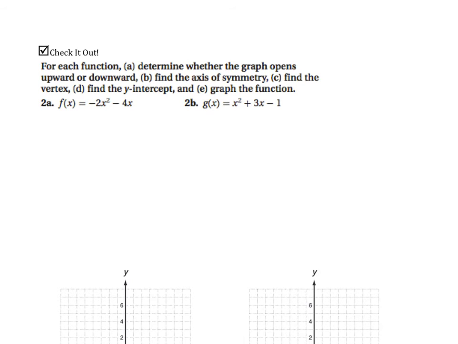So first thing you're going to do, determine whether the graph opens upward or downward. So that's your a value. a is negative, so it's downward. Axis of symmetry is x equals the opposite of b over 2a.